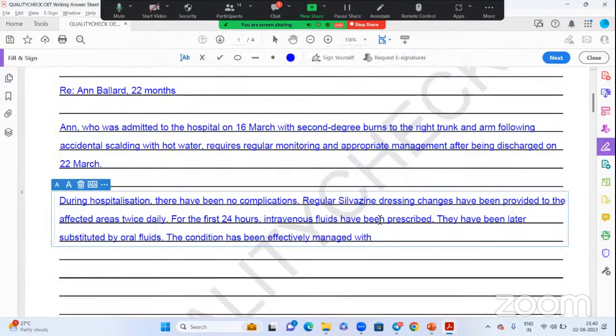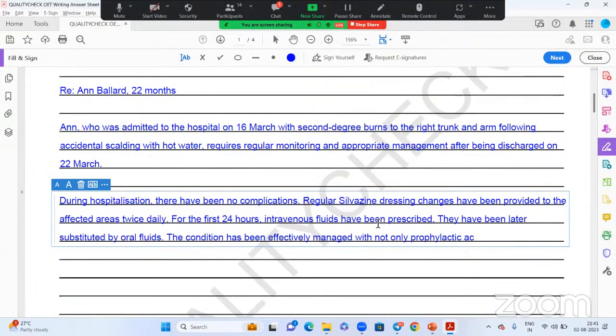So here use not only prophylactic, okay, you can use both and, not only but also, in addition to, as well as. Anyway, you can write in different styles.